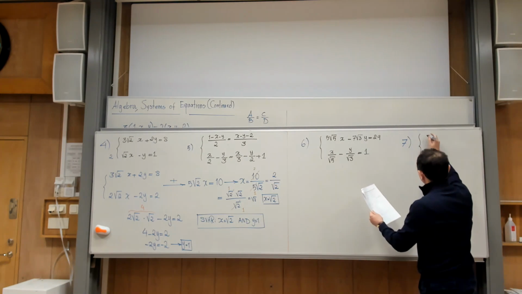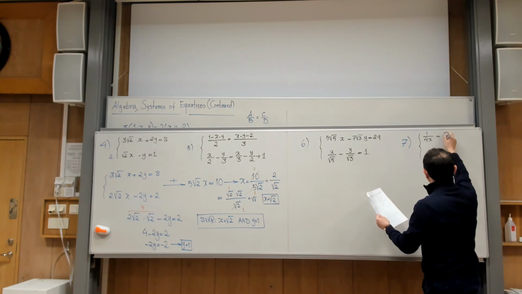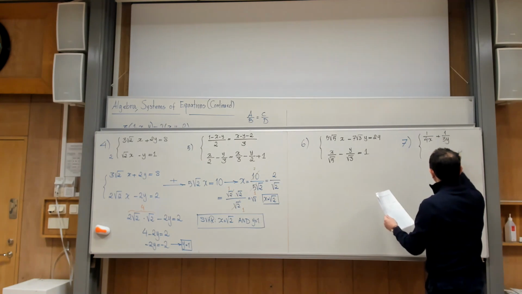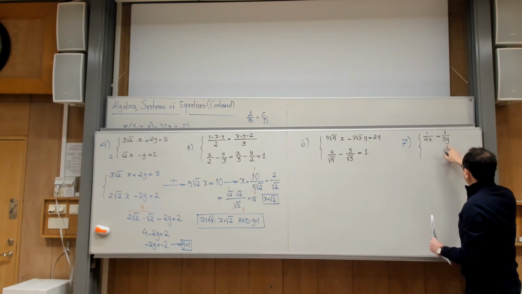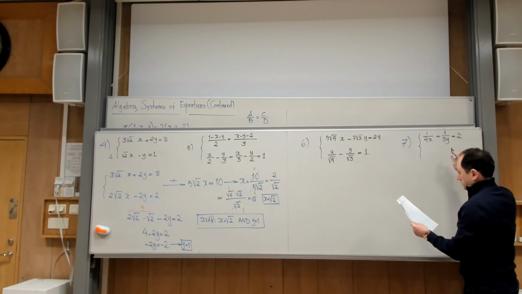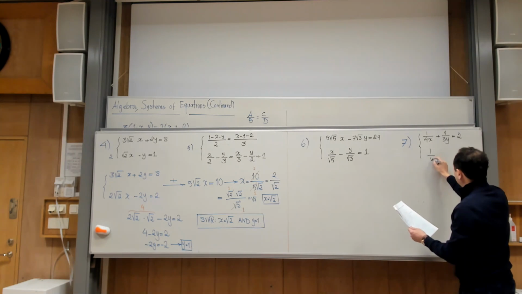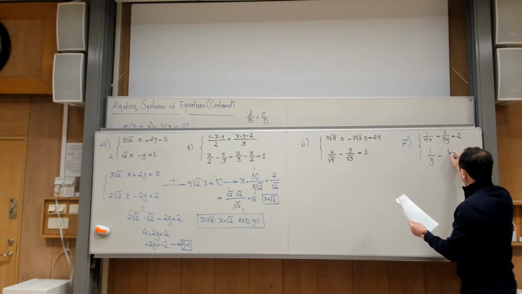I would write this system now. So 1 over 4x plus 1 over, this is the first time that you see a system in which the unknown appears in the denominator. But it's not hard. You know what to do probably, okay?